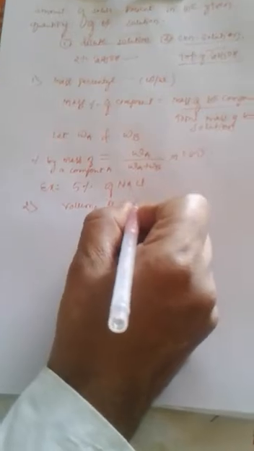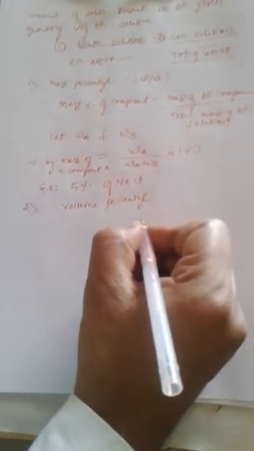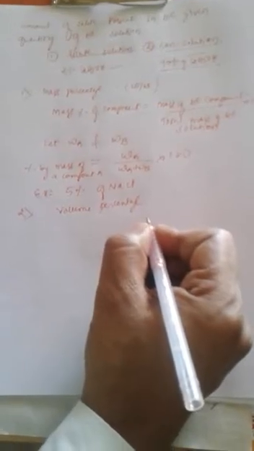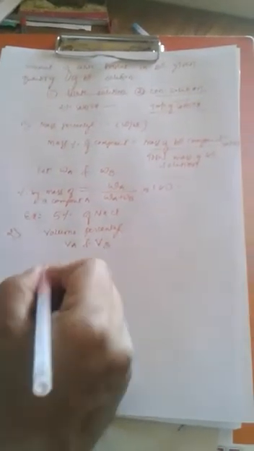In volume percentage, you take the volume of the component per 100 volume of the given solution. Here too, again a binary solution I will take. It consists of two components A and B. VA and VB represent the volume of component A and the volume of component B. According to the definition, percentage by volume of component A is given by VA divided by VA plus VB into 100.